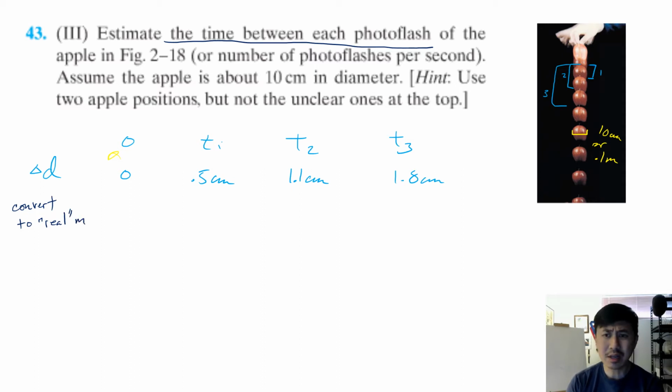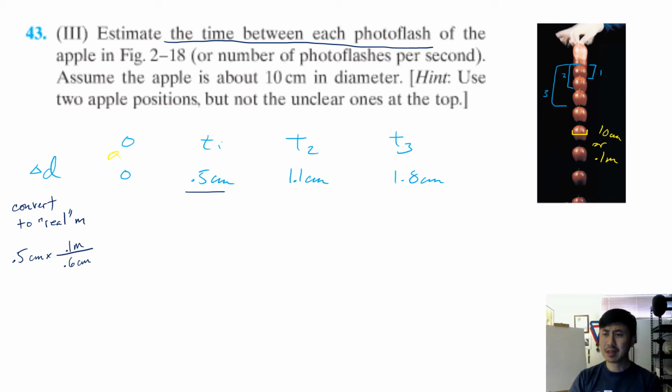The way you do that is you take this one, this is our fake one. I did 0.5 centimeters, and then the width of this apple is actually 0.1 meters. But when I measured the width of the apple in the photo, it is 0.6 centimeters. So for every 0.6 centimeters, it's actually 0.1 meter.